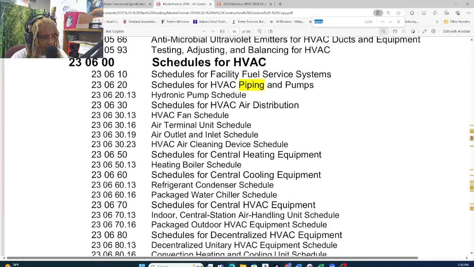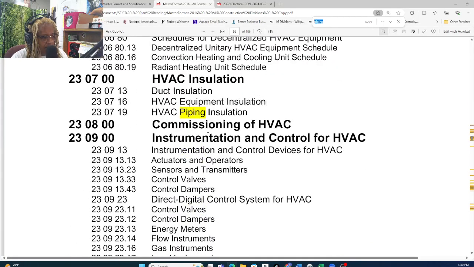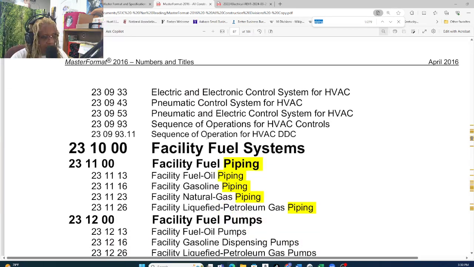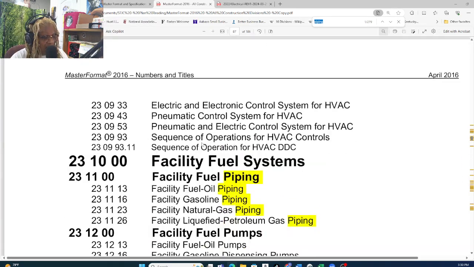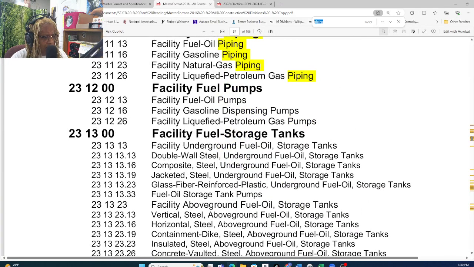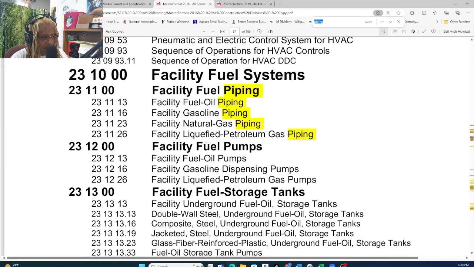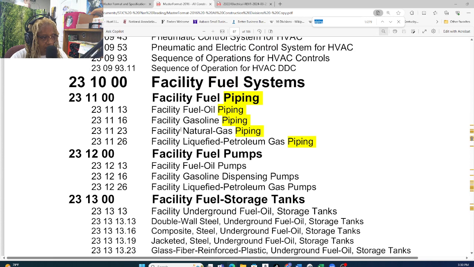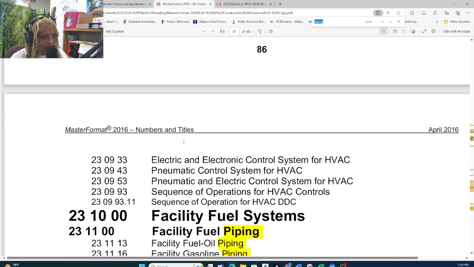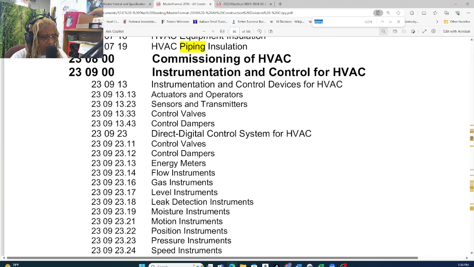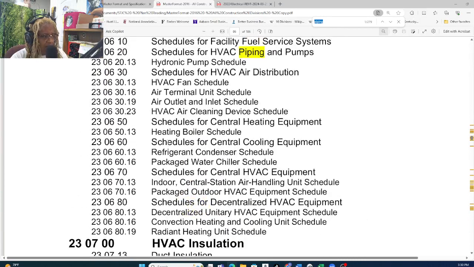Okay, schedules for HVAC piping, insulation, and so that's as far as we're going to go with that one. So if you do gas stations, then we go on a little further, facility fuel systems.